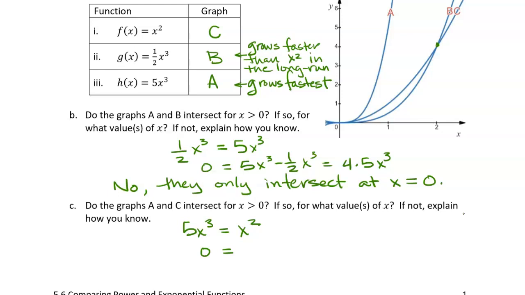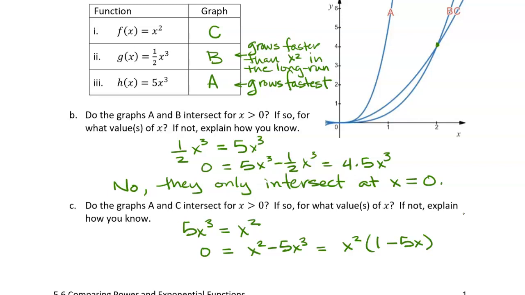So I'm going to subtract, and it becomes x squared minus 5x cubed, which I can factor out an x squared, and I'll get 1 minus 5x. I'm trying to figure out where those are 0, and obviously at 0 they're going to intersect. But there's another value where they intersect.